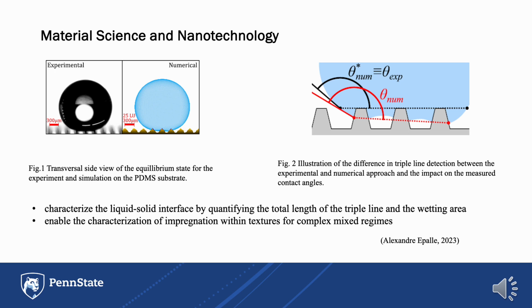So other than the normal wetting experiments, they can not only get the contact angle and the IFT, they can also quantify the triple line and the wetting area. So they enable the characterization of impregnation within textures for complex mixed regimes.